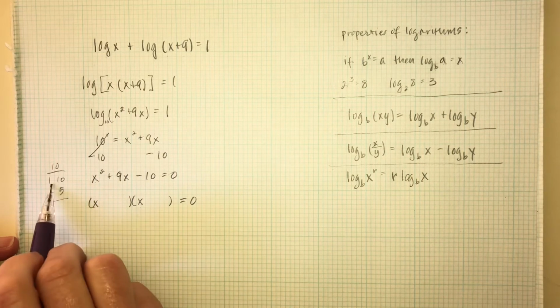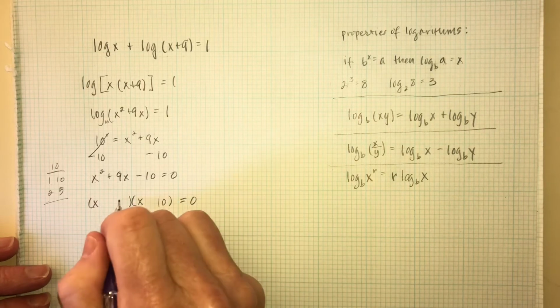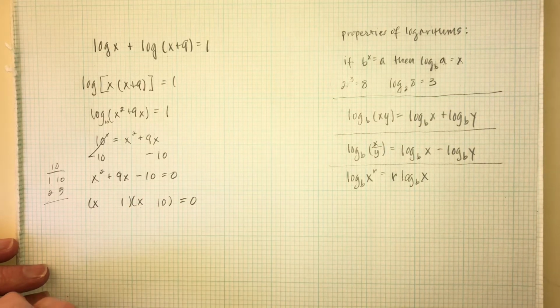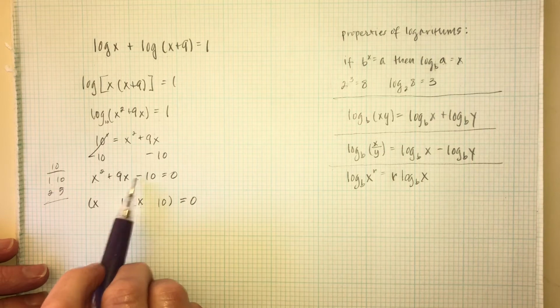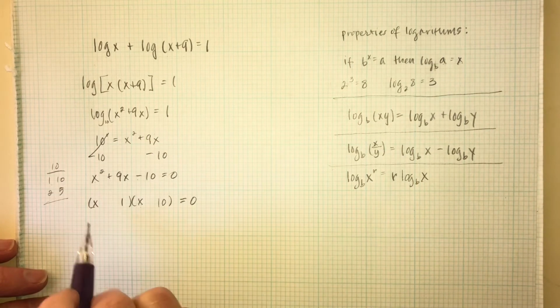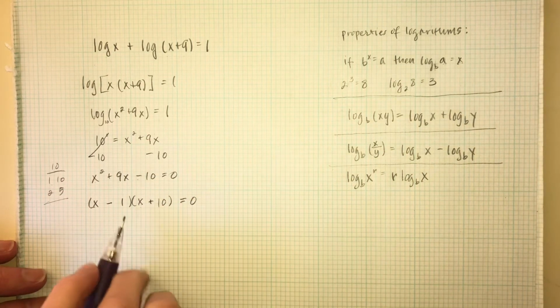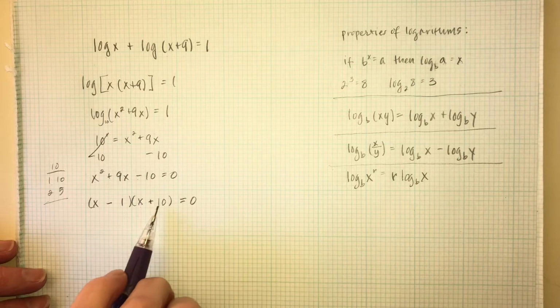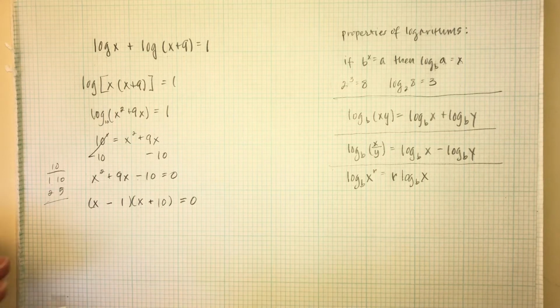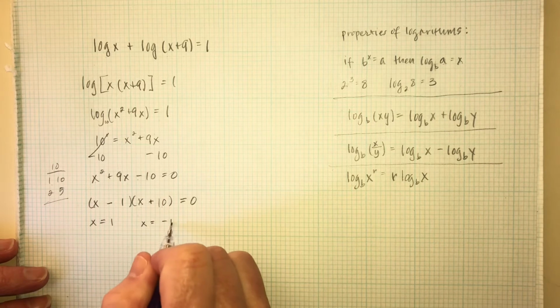It's going to be 1 and 10 are my factors. So I'll have a 10 and a 1. And the signs have to be different because that's a negative sign. The 10 will be positive, the 1 will be negative, because we've got a positive 9 here, so that means this number has to be positive. All right, now we solve for x. x equals 1 or x equals negative 10.